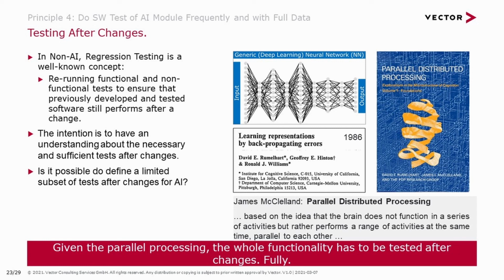However, when it comes to AI software, we have to consider a connected system with many interconnections, where the basic design idea is parallel distributed processing. I was working on this with Professor James McClelland at that time. The design idea is to have something in parallel, not sequential, to be massively parallel.